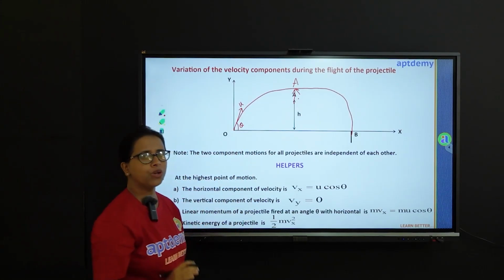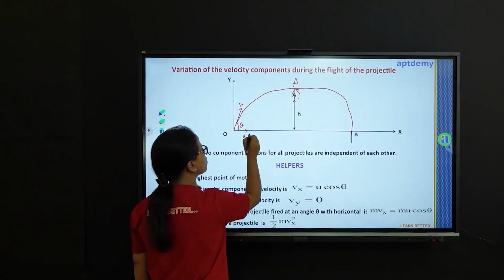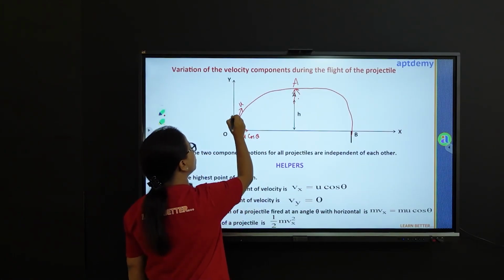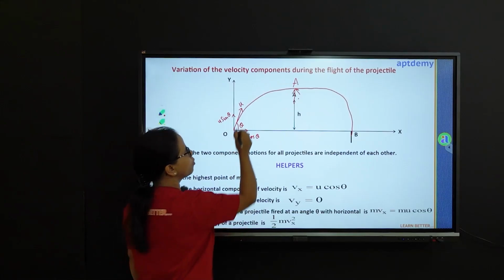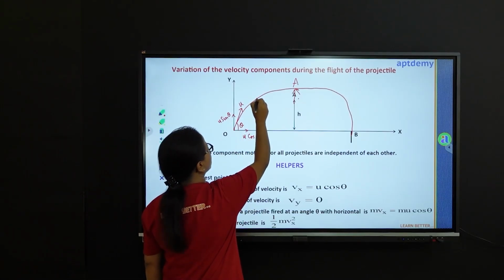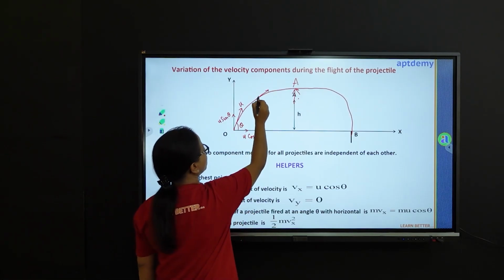We know the horizontal and vertical components of the initial velocity, they are u cos theta and u sin theta. Now at any point on the trajectory, suppose we choose this particular point. At this point, this is the direction of motion of the particle.